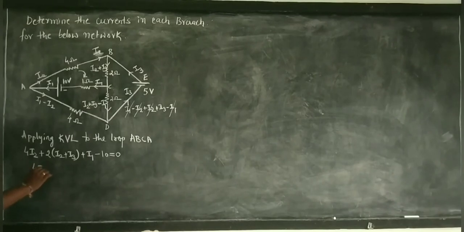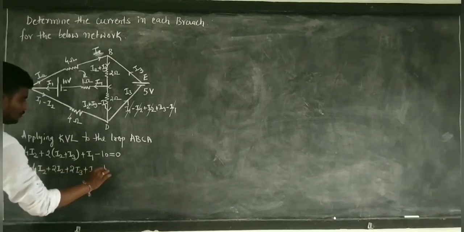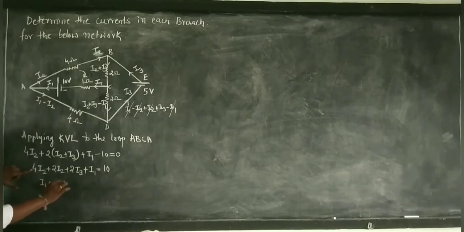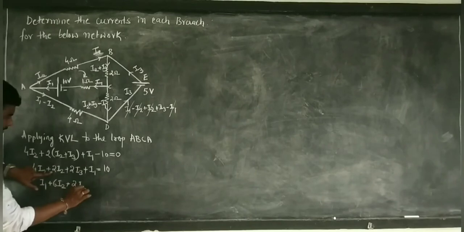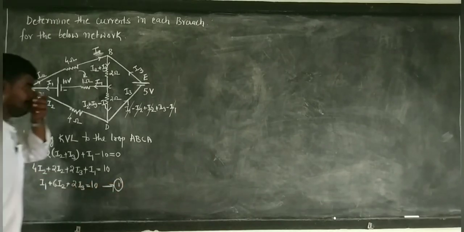So 4I2 plus 2I2 plus 2I3 plus I1 is equal to 10. I1 is there, so I will write I1. 4I2 and 2I2 make 6I2, plus 2I3 is equal to plus 10. Let us call it equation 1.